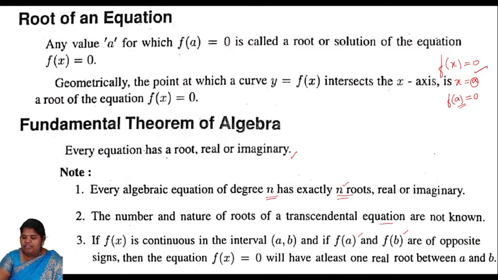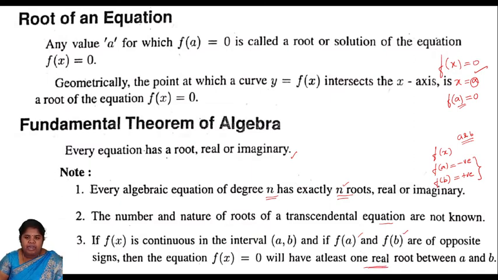For example, if you are having an equation f of x, and if we substitute some points f of a and f of b, if f of a is negative and f of b is positive, then there exists a root between these two points a and b. So between a and b, we have at least one real root.